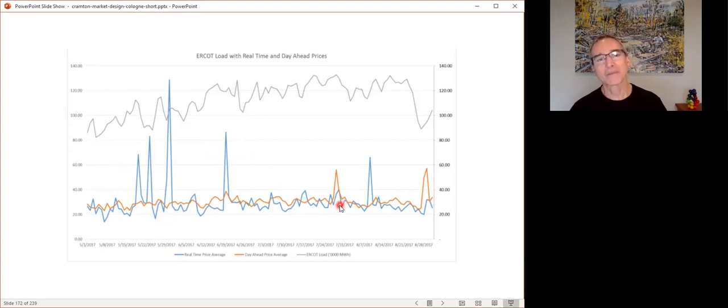Nonetheless, most everyone is exposed to that price on the margin. And in the long run, everybody should be exposed to the real-time price on the margin. So they've got the right incentives to respond to these peaks. And that's what brings us reliability. And also it brings us the correct investment incentives.